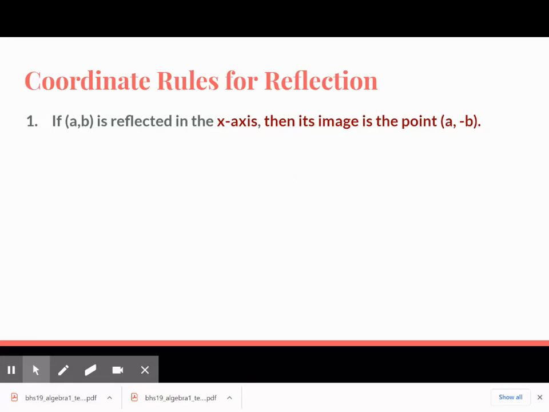So right there where it says across the x-axis, the only thing you need to write down is this new ordered pair, a comma opposite of b. That means opposite of b. So if b is positive, make it negative. If it's negative, make it positive.